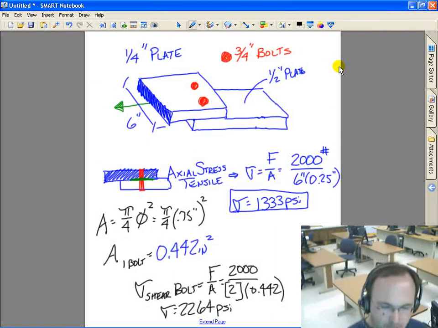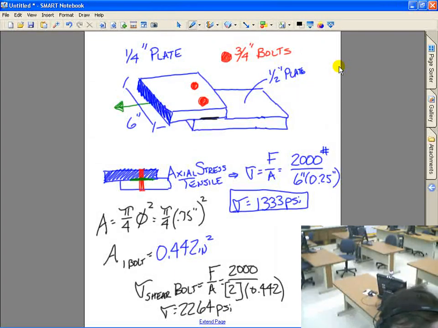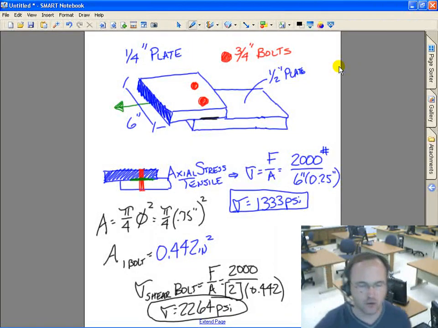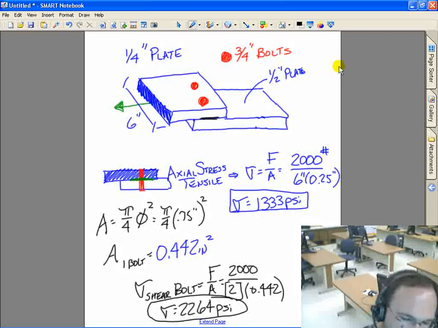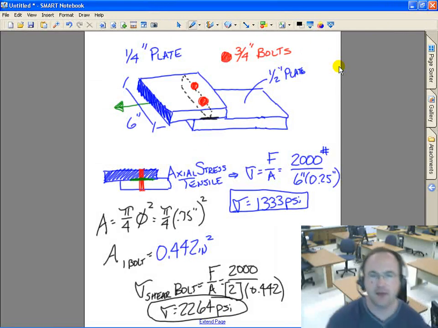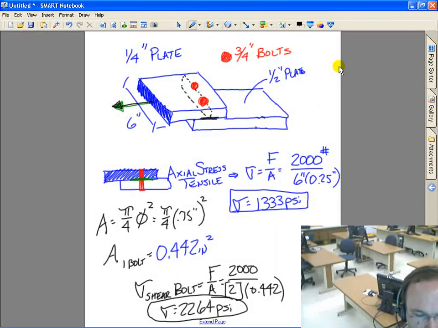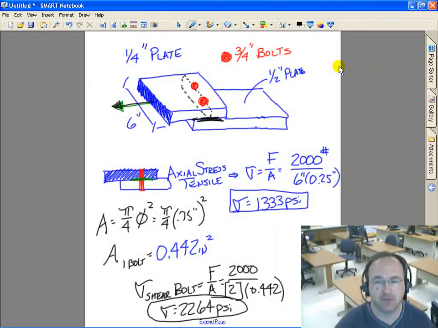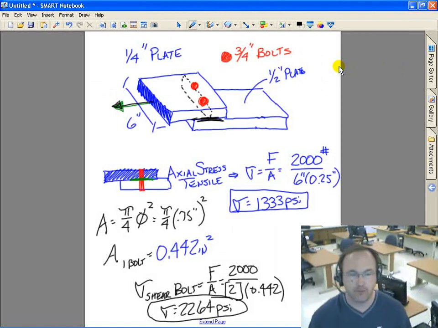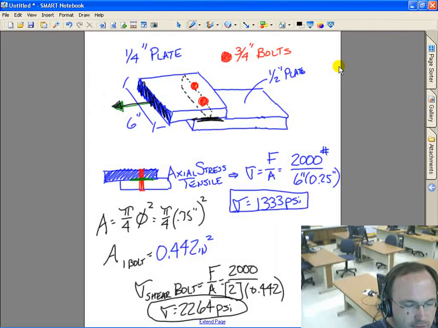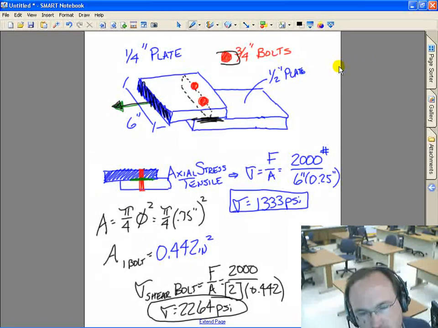And then I also need to calculate the shear stress right at this failure plane, and we'll get into that later when we get into bolted connections. But you can see we have an axial stress and a shear stress acting at the same time on 2 different pieces. Axial stress on the plate, shear stress on the bolt.